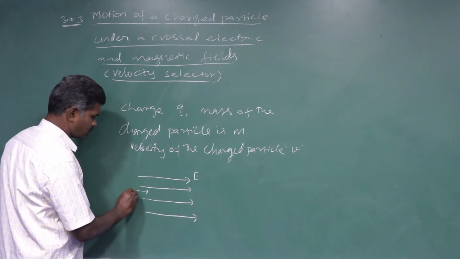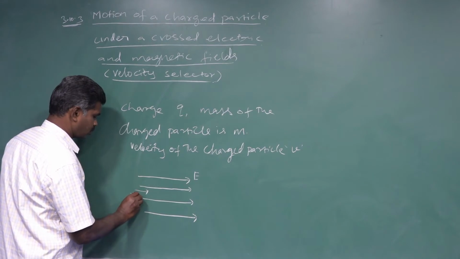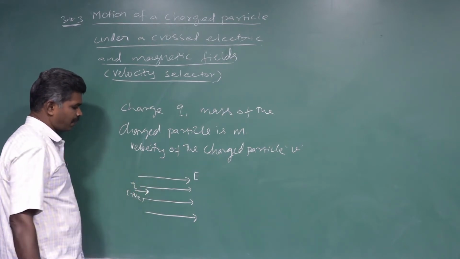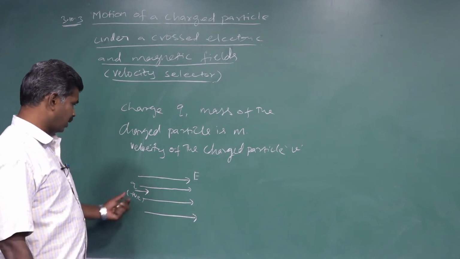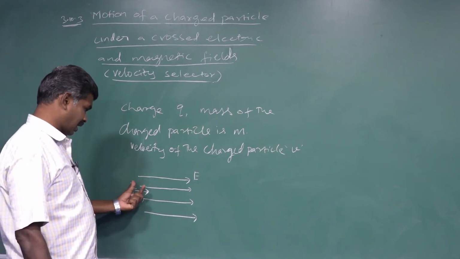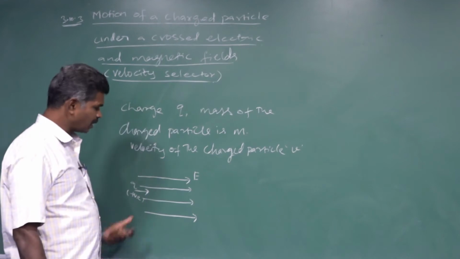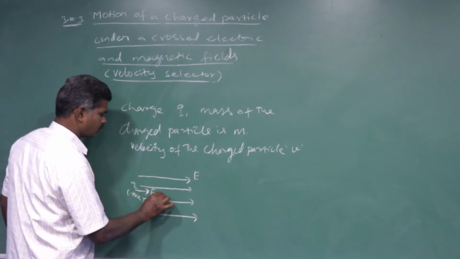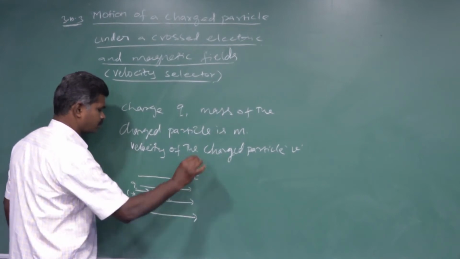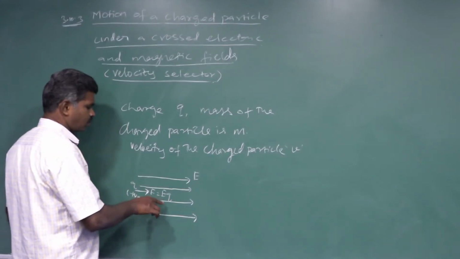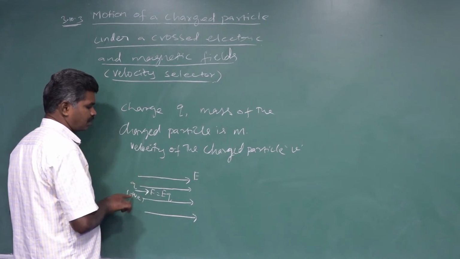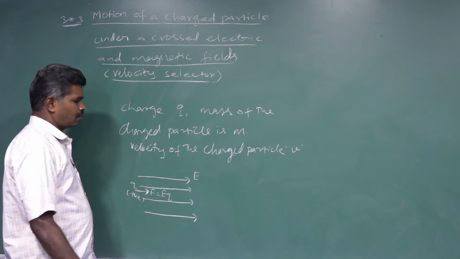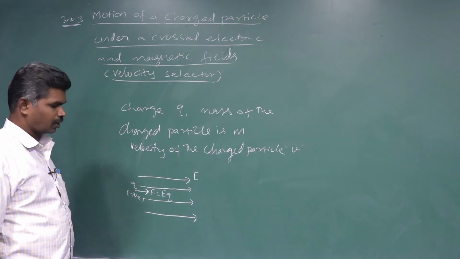If it is a positive charge moving along the electric field, the particle can accelerate, because the force on the Q charge can be expressed as F is equal to EQ. Based on that force, the Q charged particle accelerates along the direction of the electric field if it is a positive charge.